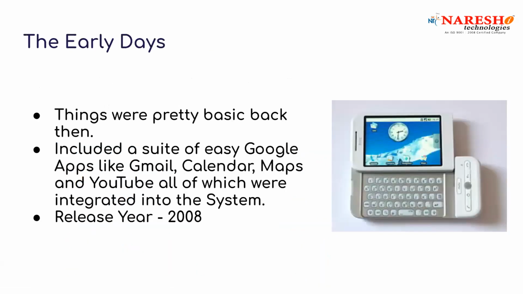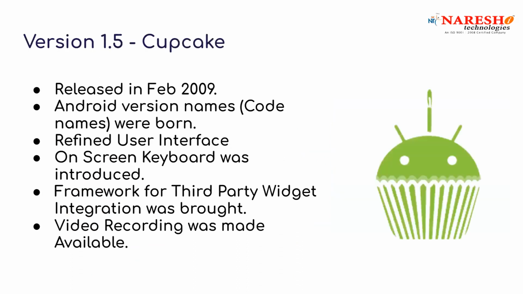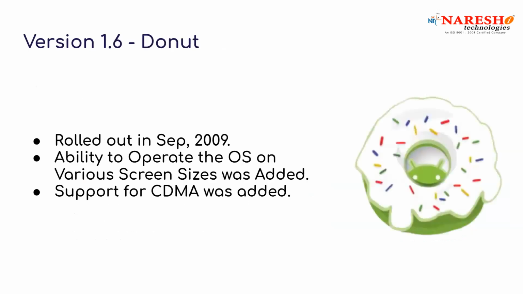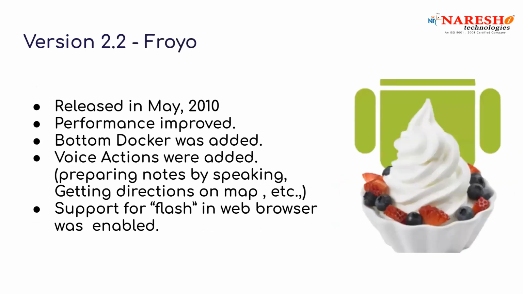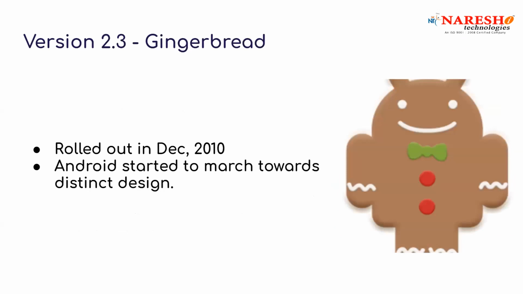In the early days, things were pretty basic, as I told you earlier. Apps like Gmail, Calendar, Maps, and YouTube were integrated. After that, Cupcake was released in 2009. Donut was released in the same year. Eclair was in 2010. Froyo was in 2010 again, in May. Gingerbread was released in December 2010. And from Gingerbread, the design of the UI started to take off in Android, I would say.